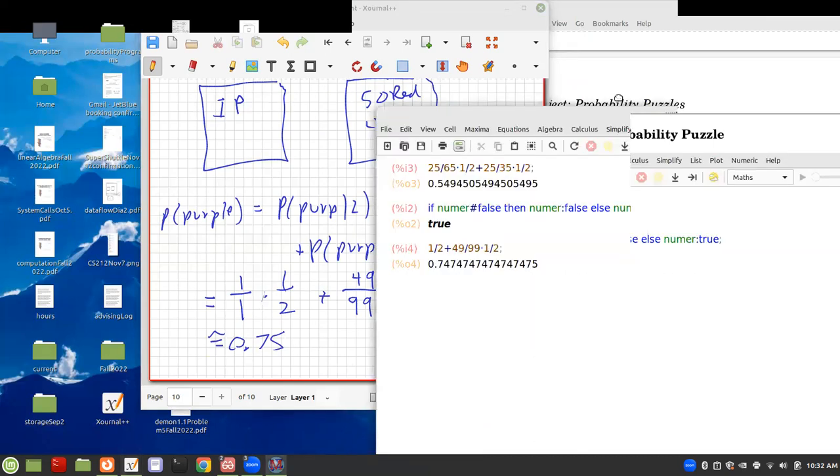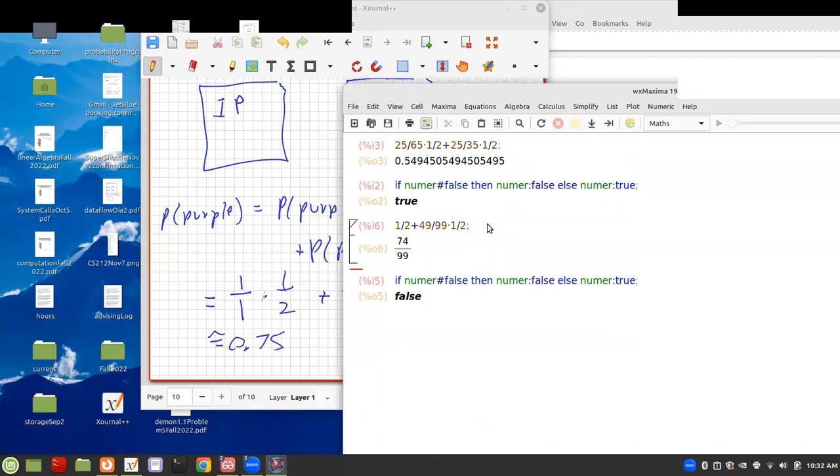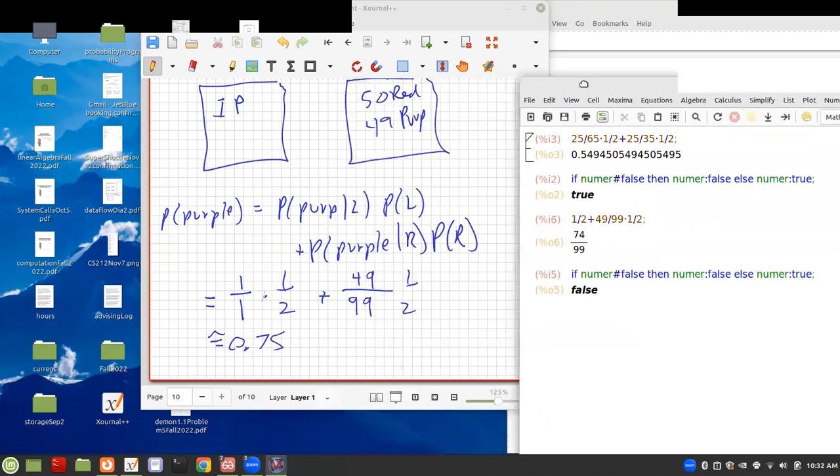Let's see if there's a nice fraction. It may not be a nice fraction. Well, it isn't quite, but this is the same thing as 74 over 99.